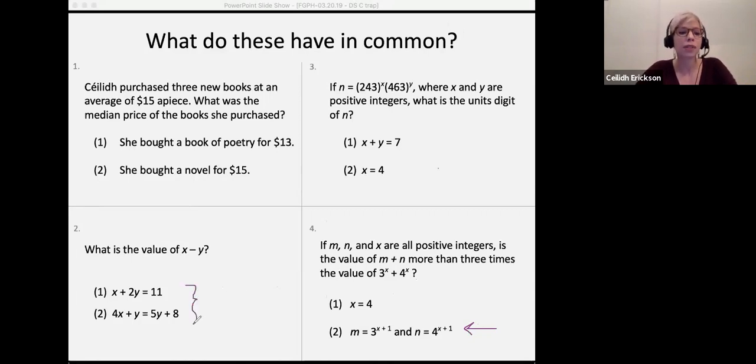In these two, it doesn't immediately jump out at me that one's more helpful than the other because they're both equations with two variables, so I just need to rearrange and see which one gives me this. In number 3, a relationship between two variables is always more helpful than just a single variable. I think that's a good rule of thumb. It's going to give you more information.